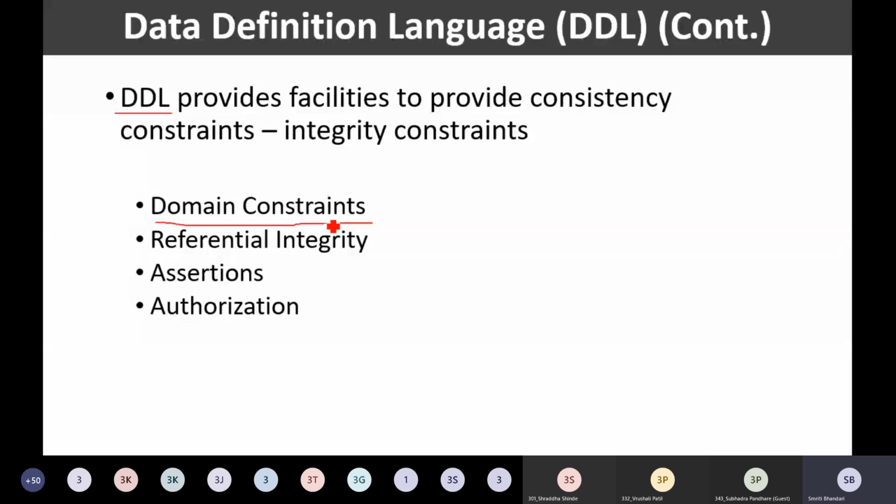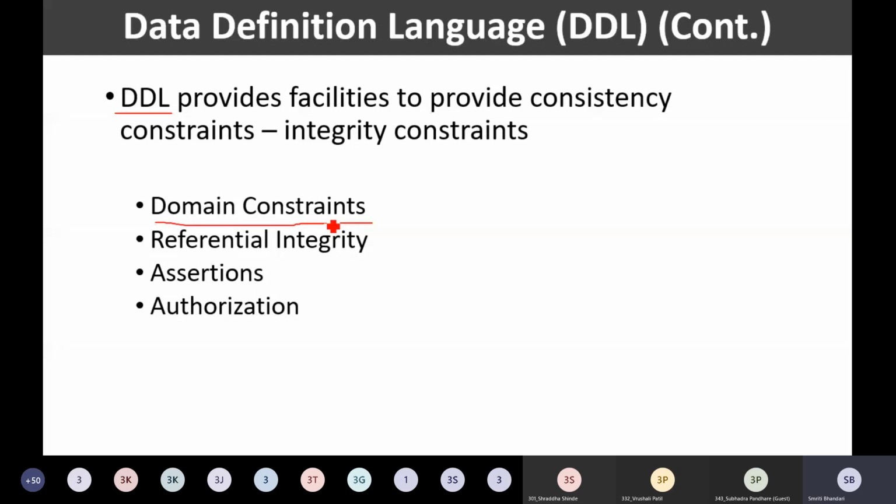Total credits has the domain, or data type, associated as number. What does this mean? This means that I am imposing the domain constraint here. So this is a simple form of constraint actually. The most elementary form of constraint that I am imposing on my data. So whenever I declare that total credit is of type number, this means that whenever I input the data for that attribute, only numeric data will be accepted.